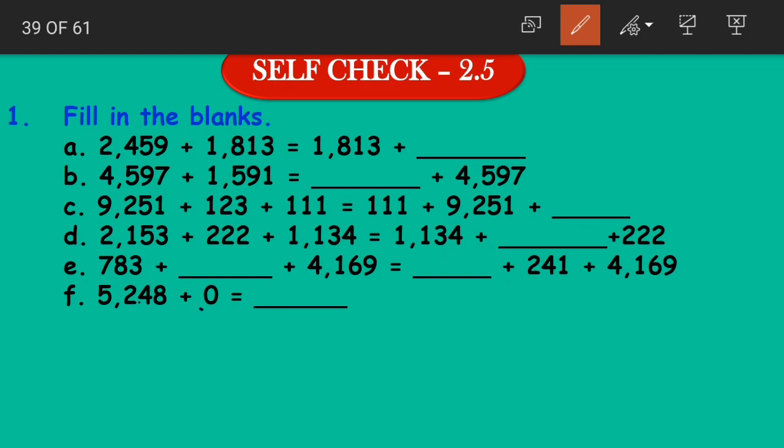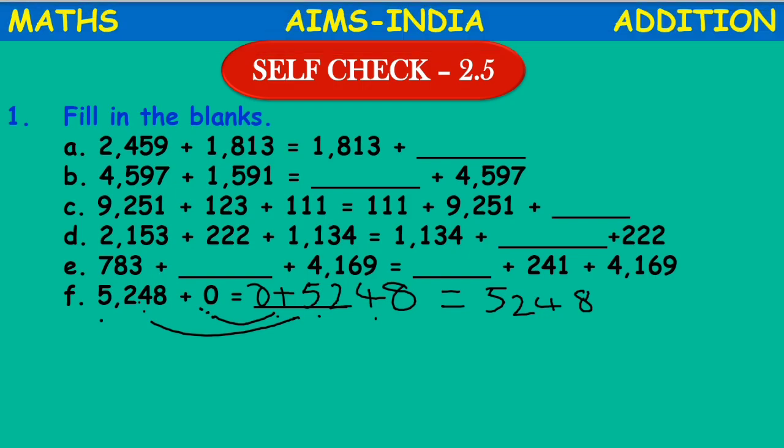Whenever we add a number to 0, or whenever we add 0 to a number, the answer will be the number itself. 5248 plus 0 can be written as 0 plus 5248, which is further equal to 5248 only. See, no matter what, as we are adding 0 in both cases, the answer will be the number only.